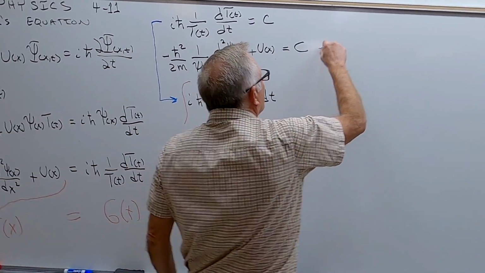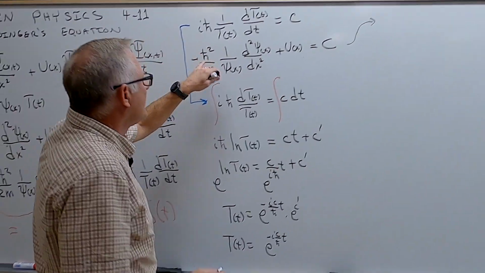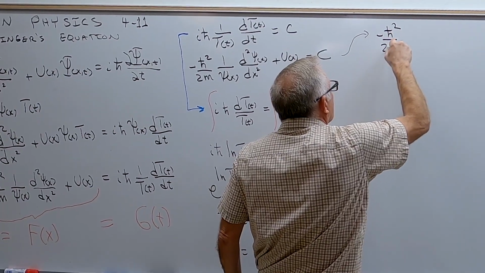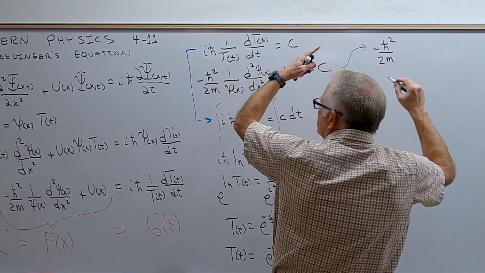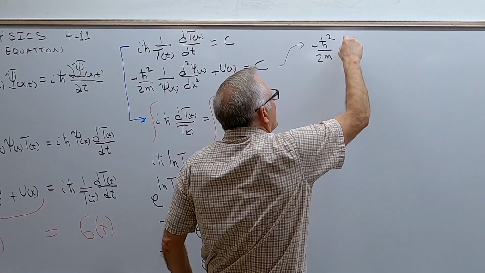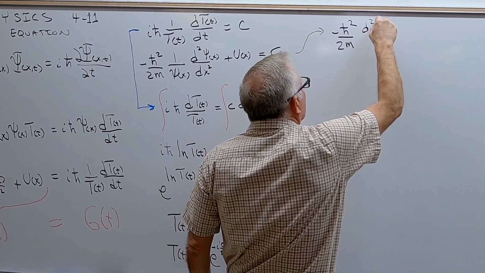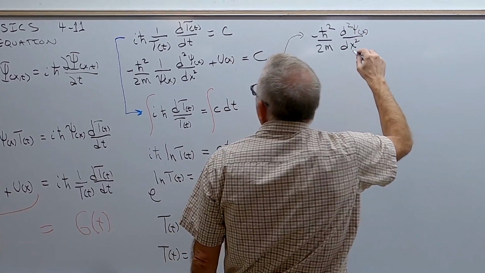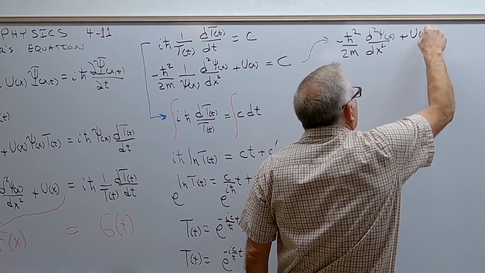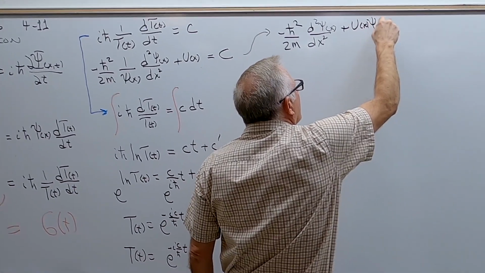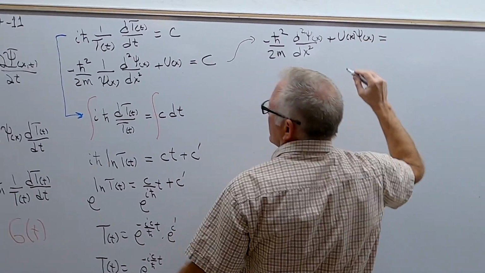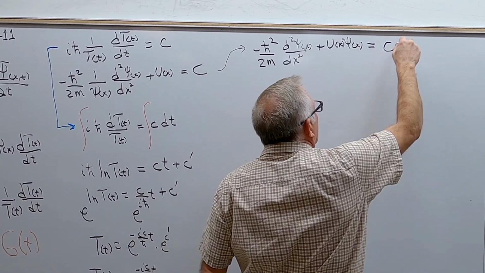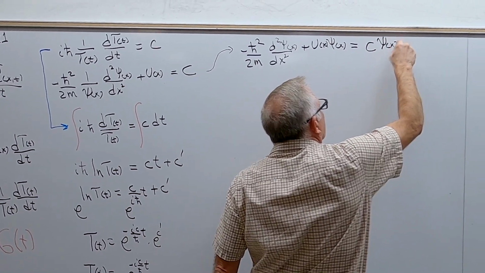So this becomes minus h bar squared over 2m, and then this is gone because I'm multiplying it, and I get the second derivative of psi of x with respect to x squared, plus u of x psi of x equals c. And then I multiplied everything by psi, so I'm going to have a psi over here, psi of x.